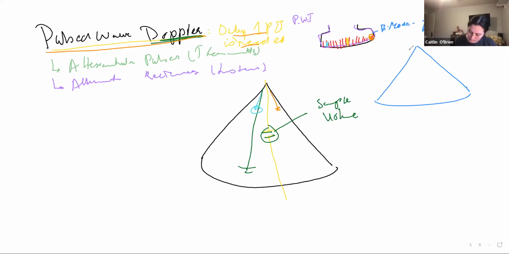But out of all those PCTs, there's going to be one single PCT or crystal doing two jobs, helping us produce the B mode image, but also recording your Doppler.